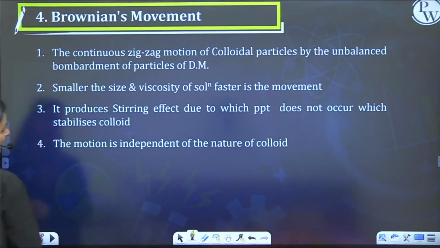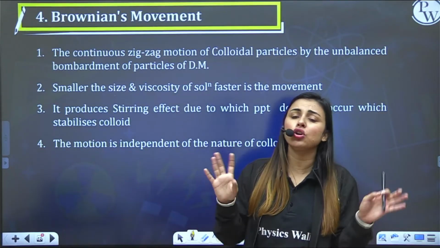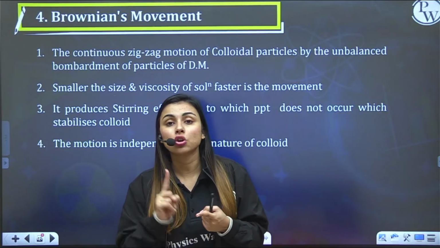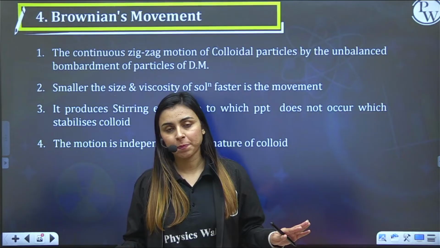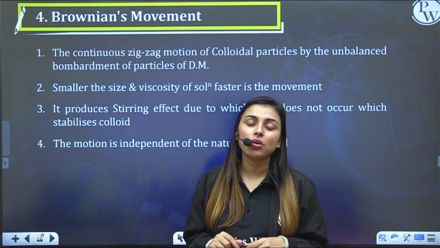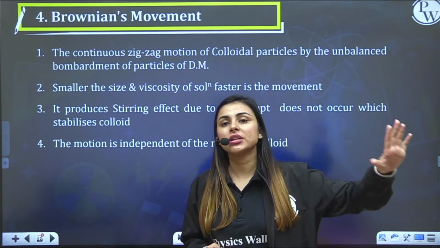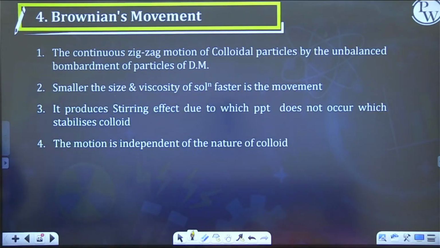The motion is independent of the nature of the colloid, whichever colloid it is. Brownian movement will be there in all the colloids. Any colloid that settles down will form a PPT. Every colloid solution actually moves in the zigzag movement. Okay. So these are the 4 points, very important for you. You can pause, write it down, and then we'll move forward.